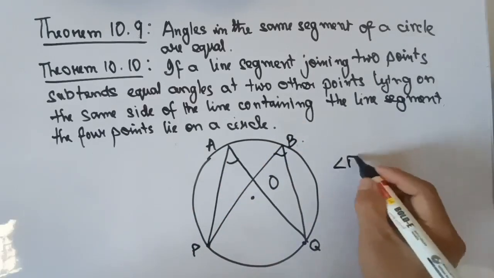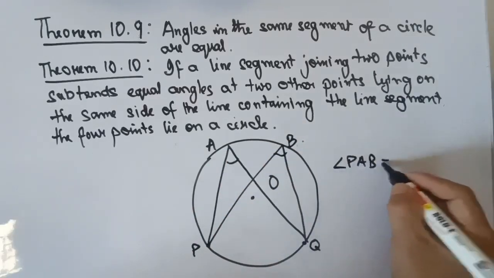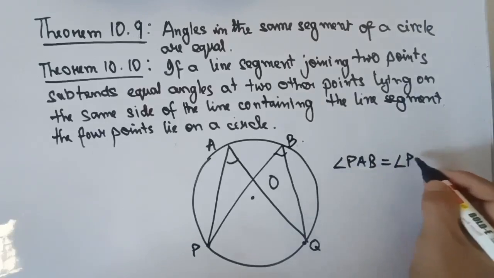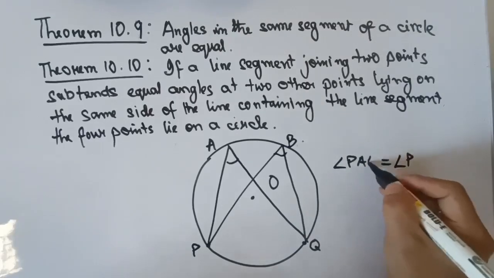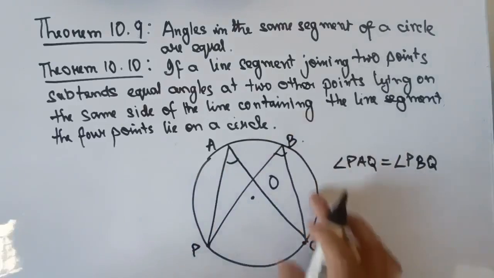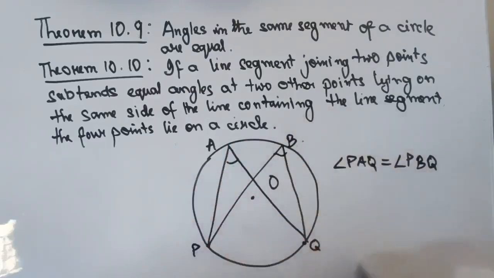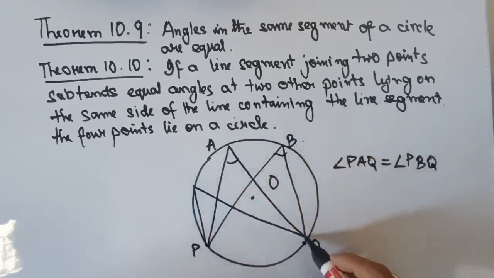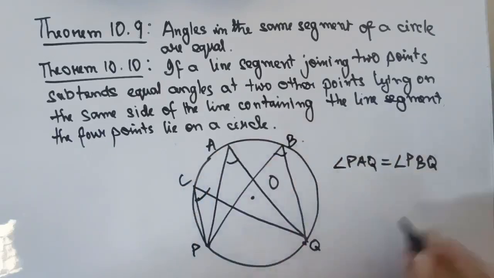So angle PAQ will be equal to PBQ. So angles lying in the same segment of a circle will be of equivalent measure. For example, you can say this angle PCQ also lies in the same segment, so these three angles will have equal measure.